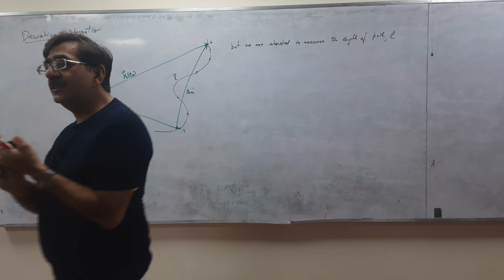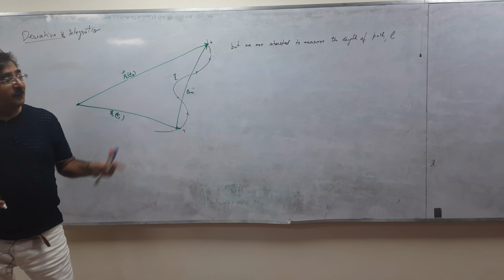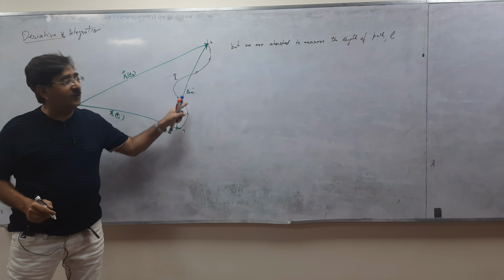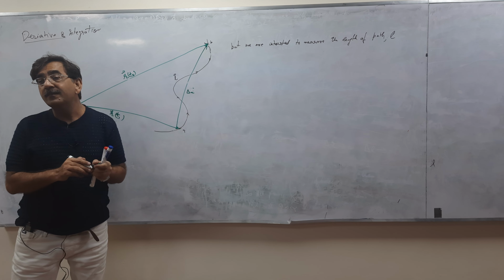We are interested to measure the length of L, this path, this black line. But according to vectors or mathematics, we can only measure this delta R.